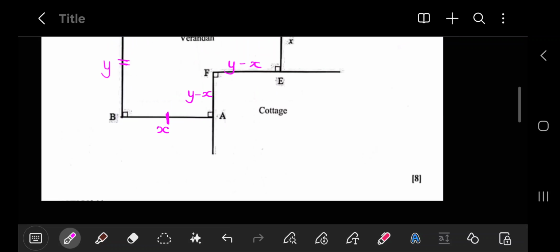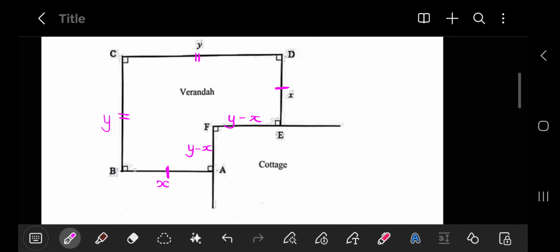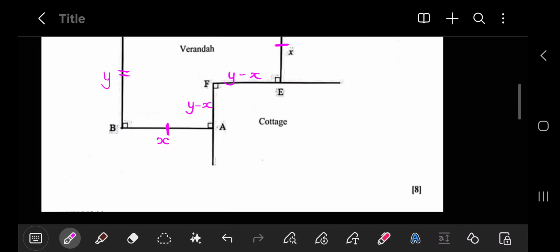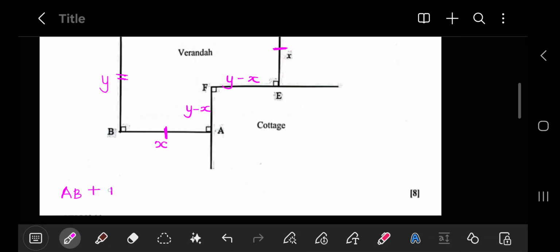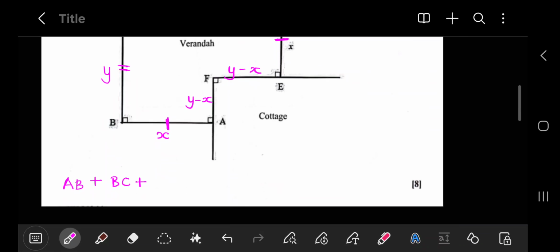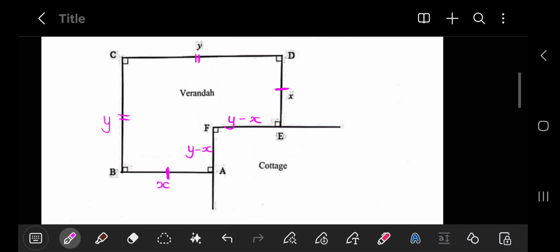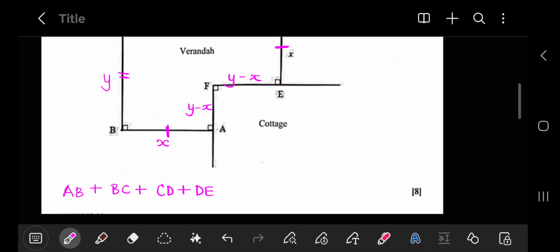Adding all of these lengths, you can write down the names of the lengths. I'll start here: AB plus BC, going around this shape, plus CD plus DE, then EF and FA, which also forms this shape.